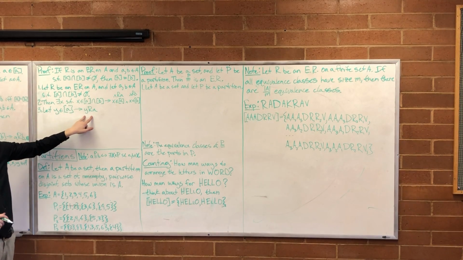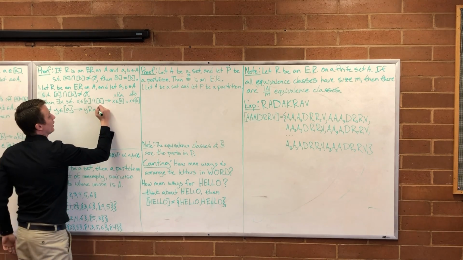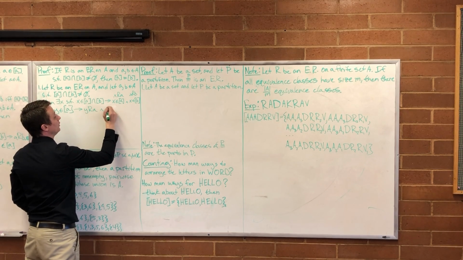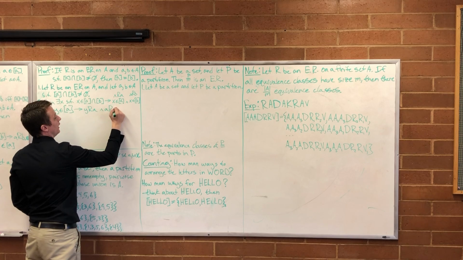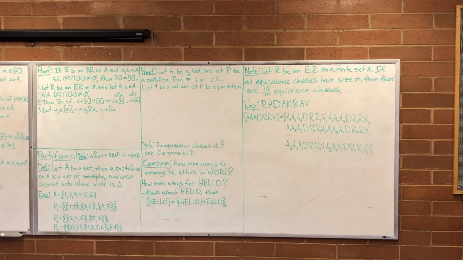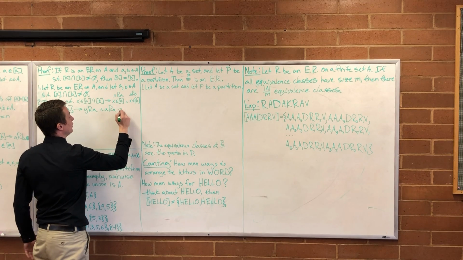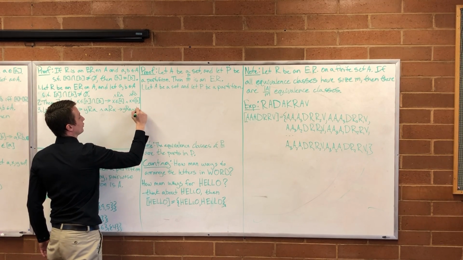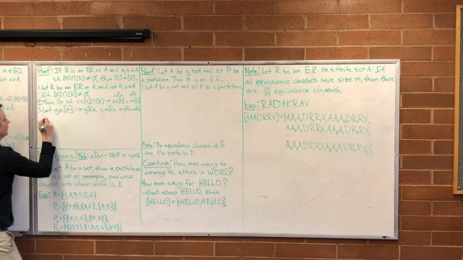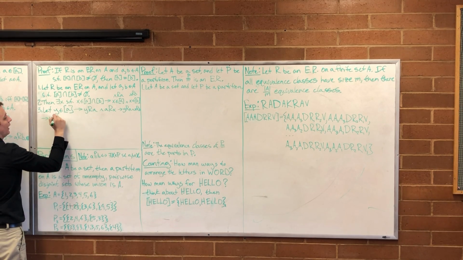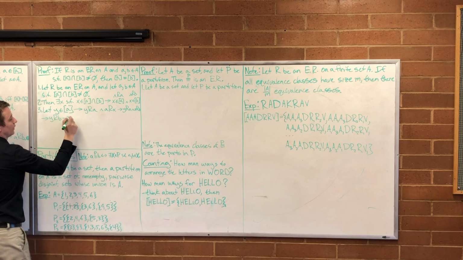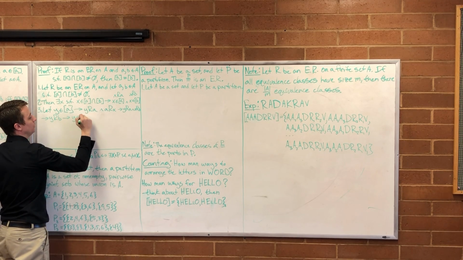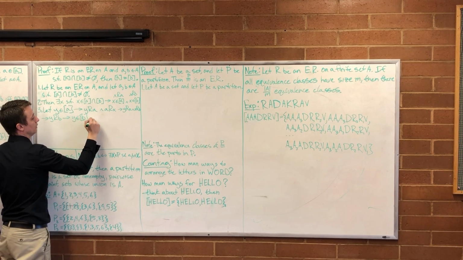So I know that y is related to a, and I know that a is related to x, right? And that gives me y is related to x, but I also know x is related to b. So y is related to b, so that gives me y is in b's equivalence class, right?